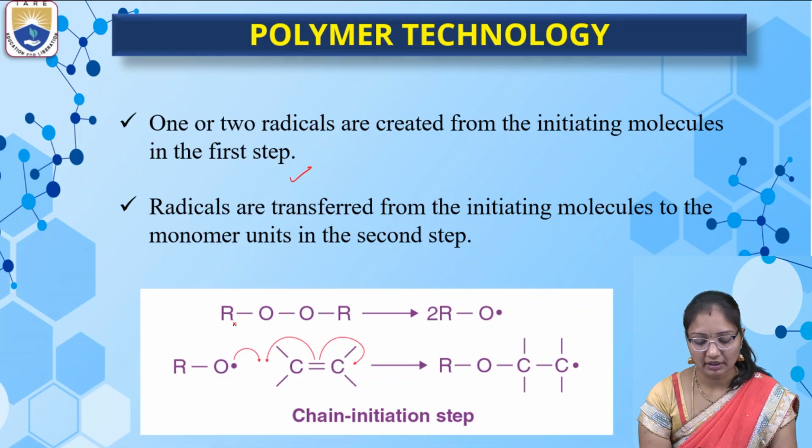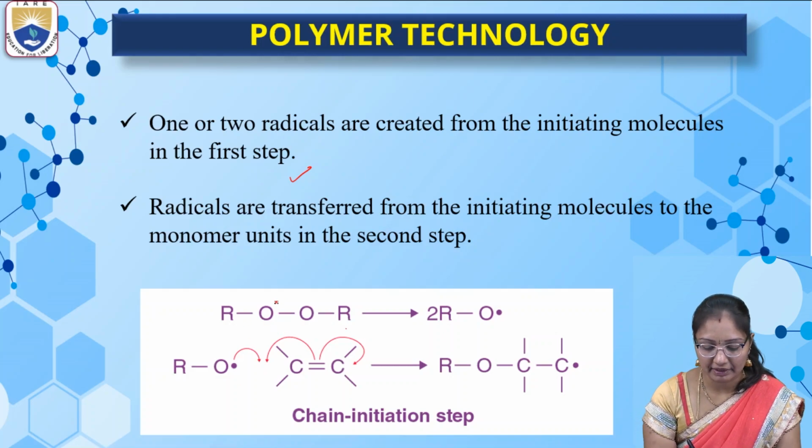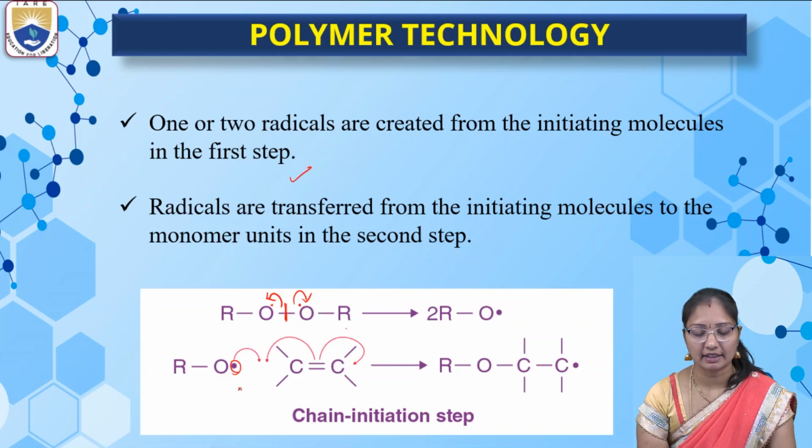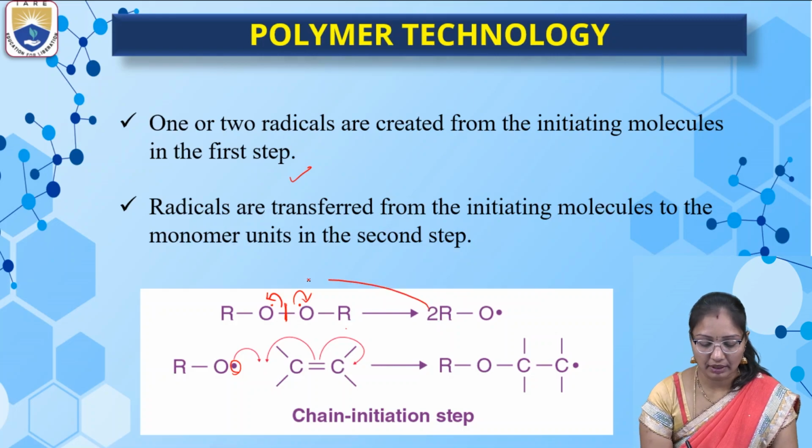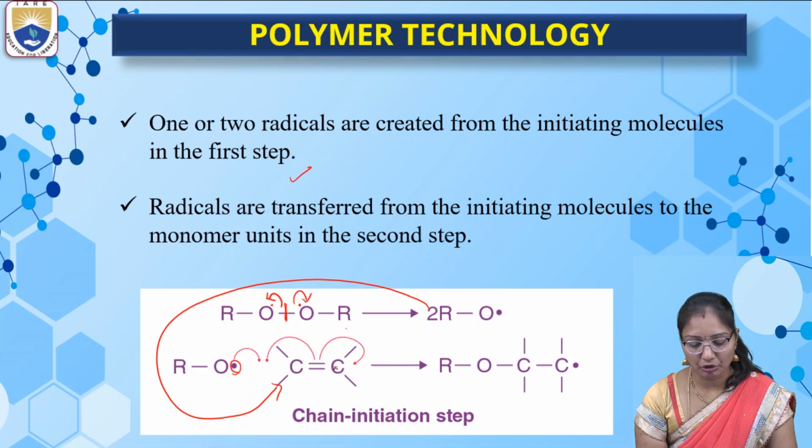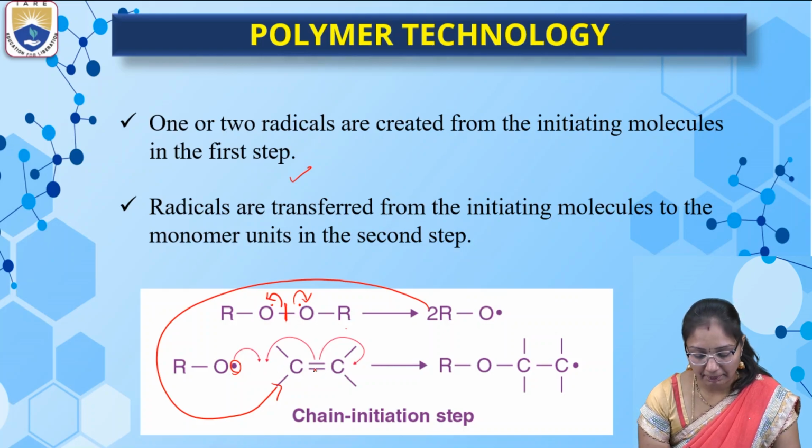If we see, this is the monomer unit. What happens? The bond is broken and it gives two free radicals. This dot is nothing but the free radical. So here two free radicals are generated in the initiating step. These free radicals formed then go and attack this monomer unit, which causes the breakage of this double bond.